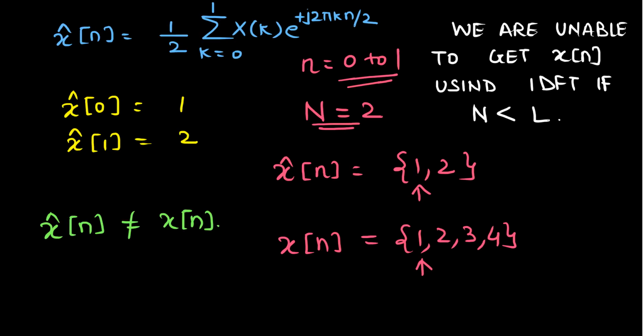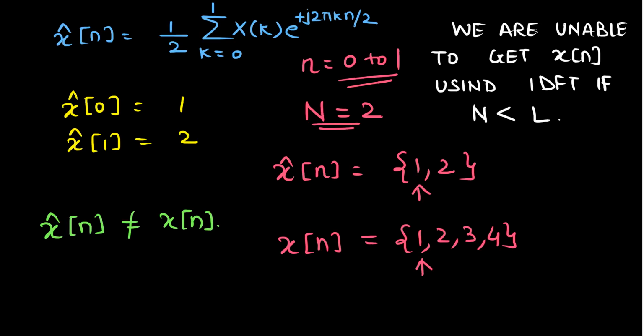Now if we are not able to get back the original signal, then there is no use of such a transformation, which means that if we want to find the DFT properly, we need to choose the value of N wisely, or more specifically, we need to choose the value of N greater than or equal to the length of the signal.